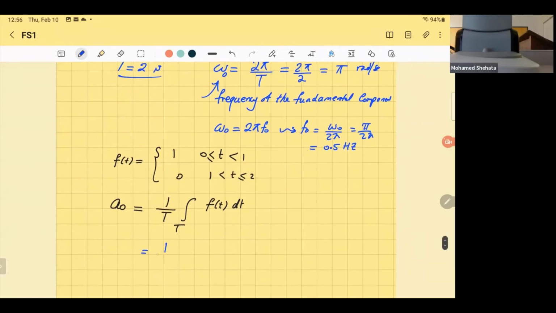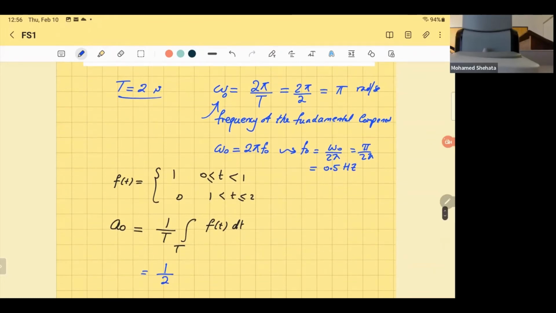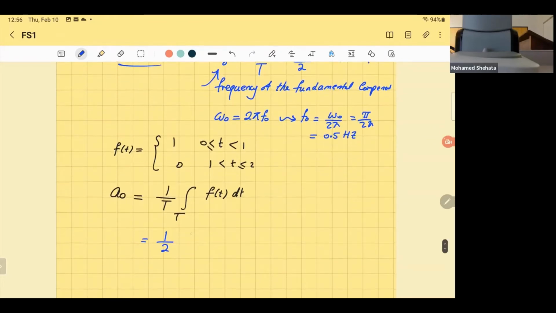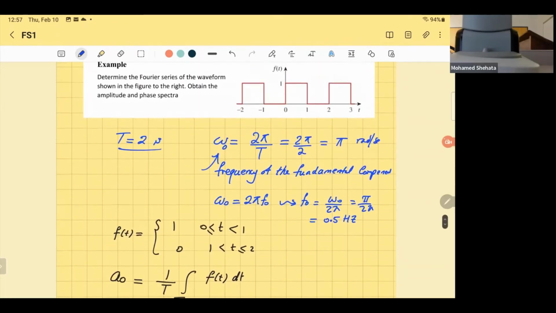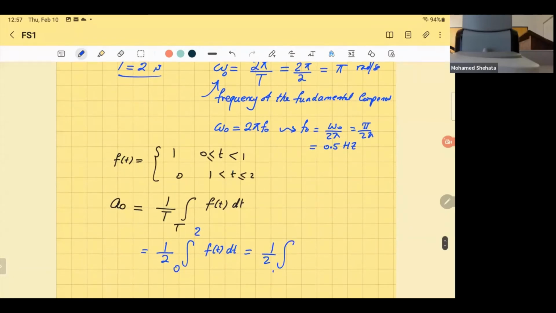So I'll say 1 over 2, and then I'm supposed to integrate from 0 to 2 for the function. But in this case, from 0 to 1 the function is 1 and from 1 to 2 it is equal to 0. So I will just integrate from 0 to 1, because from 1 to 2 it is equal to 0.